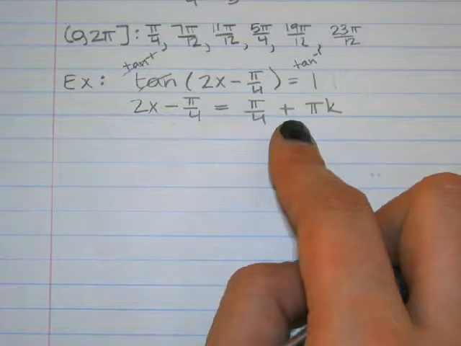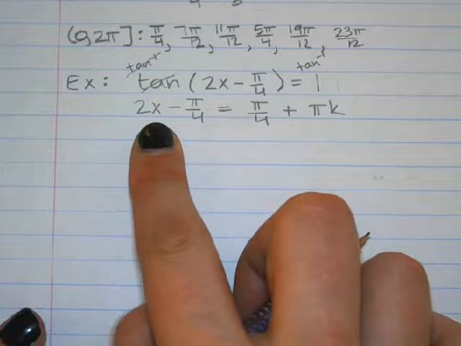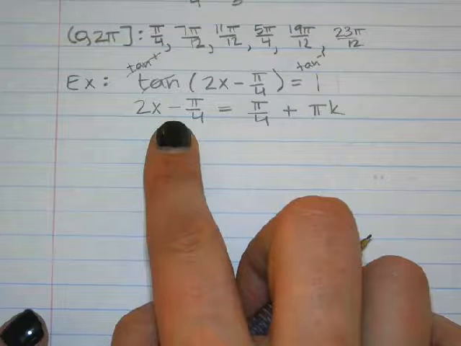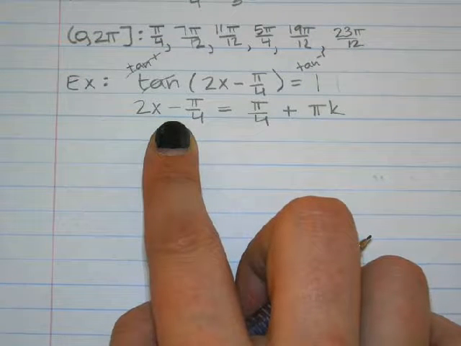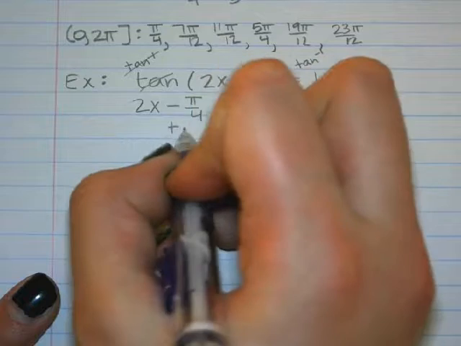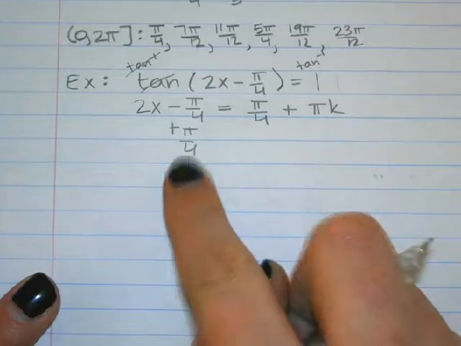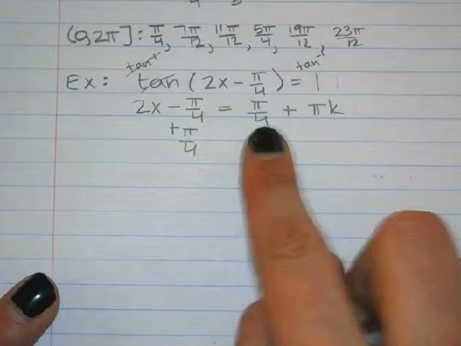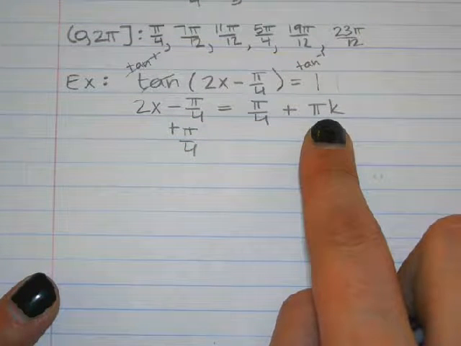All right, at this point, if I'm trying to get the x alone, what is the first thing I should move away from x? It's going to have to be the pi fourths, because you have to add or subtract things over before you multiply and divide things over, okay? So if I say plus pi fourths, is the pi fourths like terms with something that looks like this, or is it like terms with something that has a variable k on it?